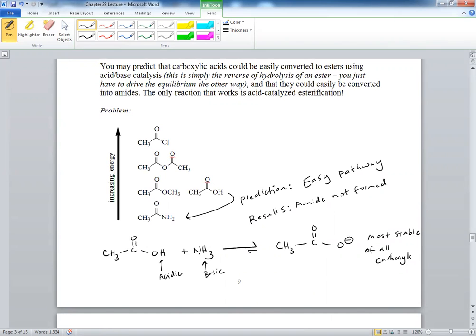Instead of the attack happening at the carbonyl, it's going to happen at the acidic proton. So it's going to be like this. And then the reaction stops.